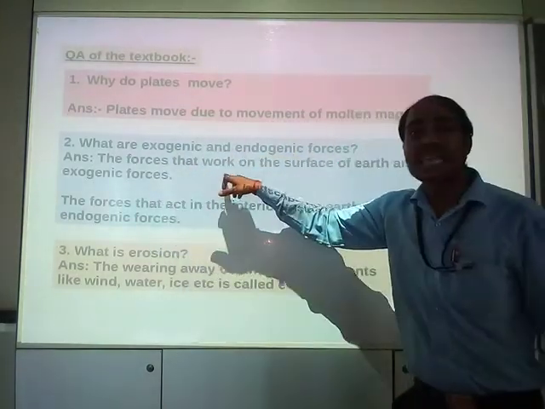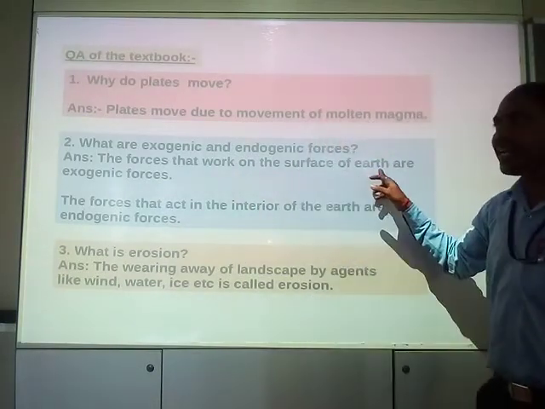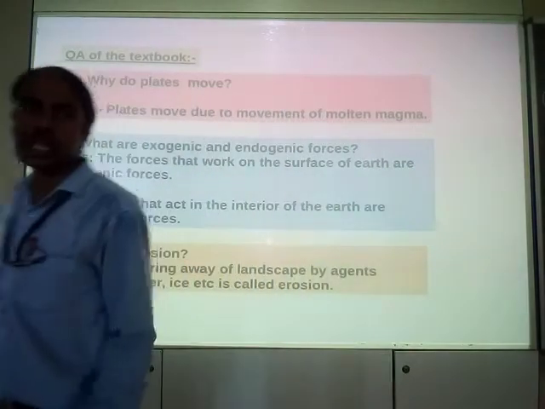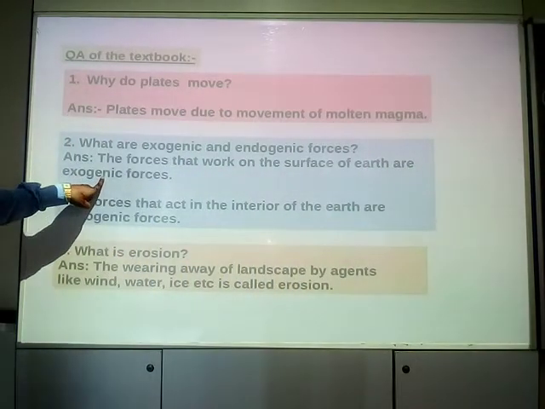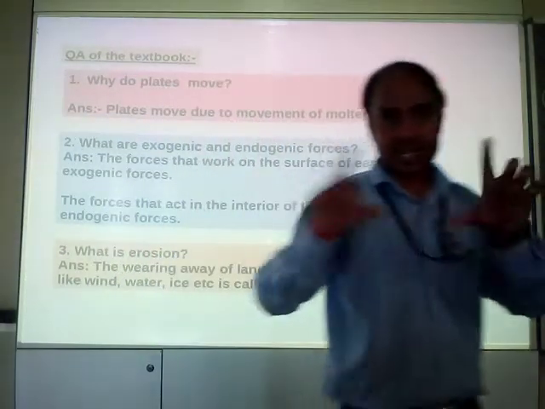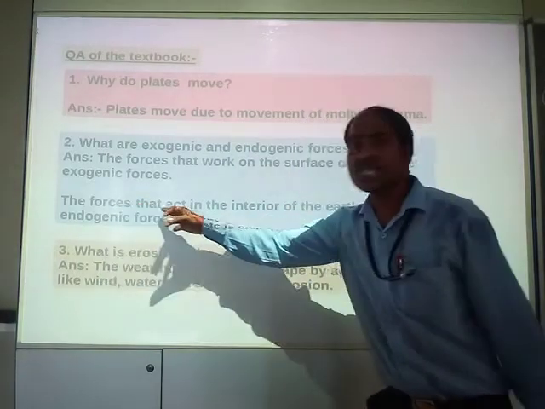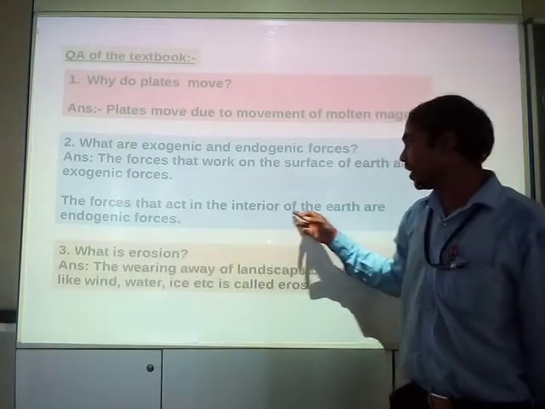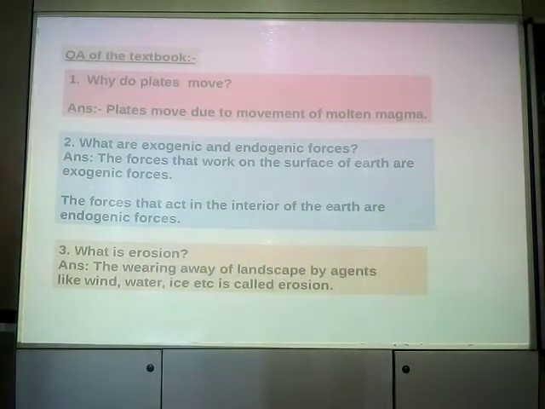The forces that work on the surface of the earth are exogenic forces. Exo, outside. Genic, origin. I have given that Latin term also. Now the forces that act in the interior of the earth are called endogenic forces.